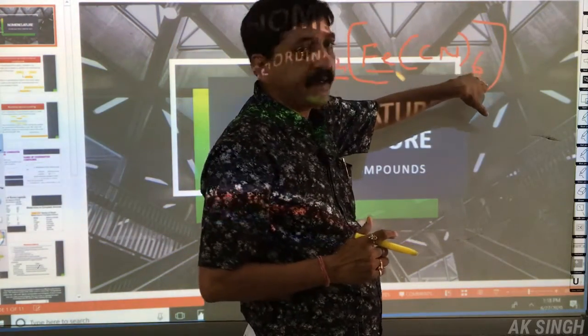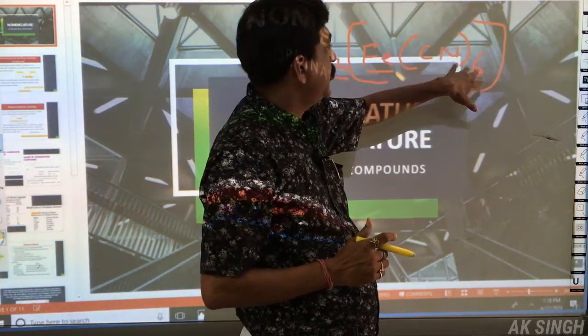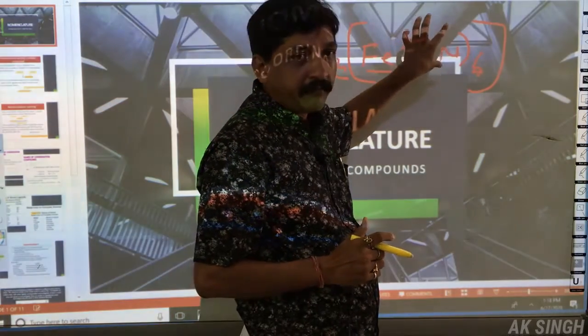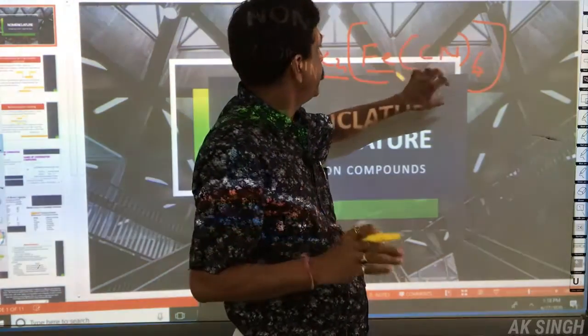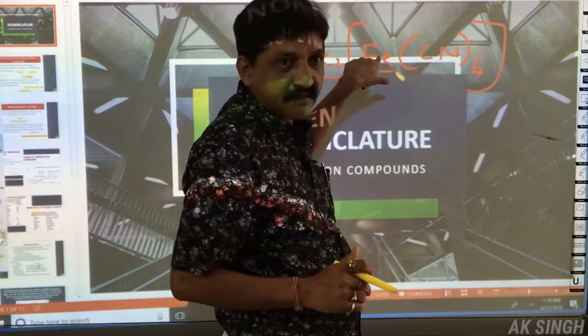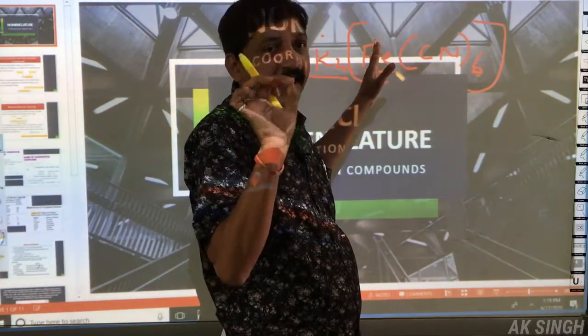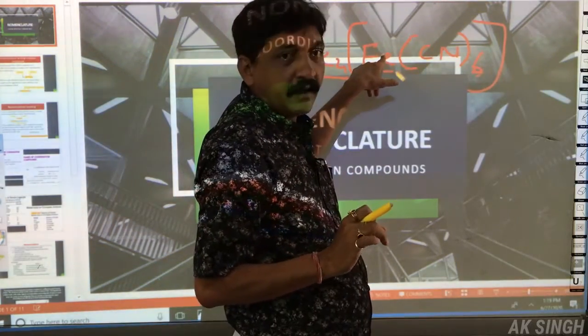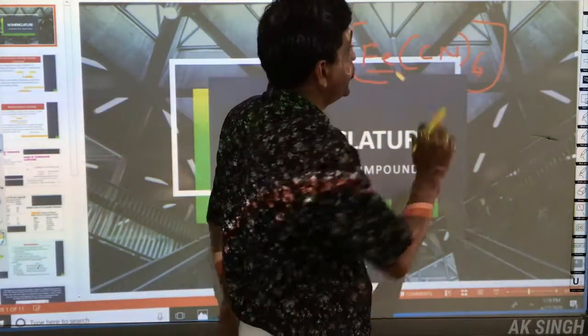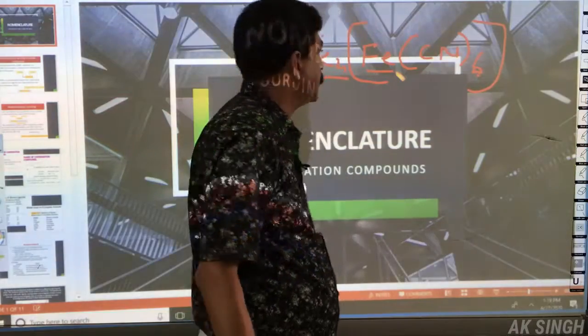How many ligands are attached? What are those ligands? Name of the ligand in alphabetic order, and then we'll name the metal. Because this is anionic, we'll add ate as suffix, and then the oxidation number. Let us see.